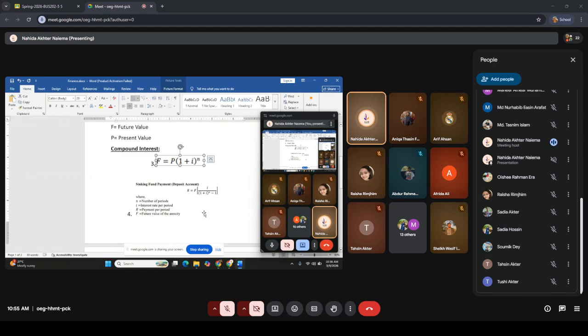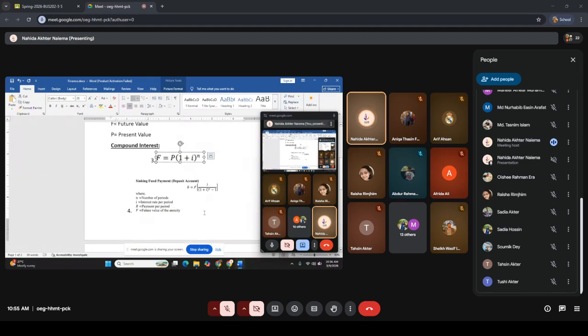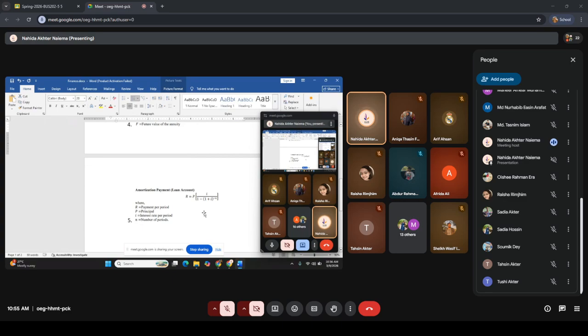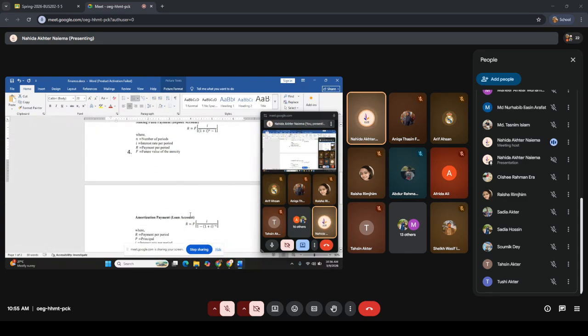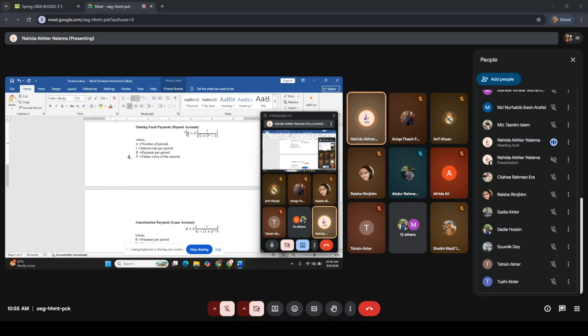Then the next formula is sinking fund payment, the deposit account. We have two types of option here. One is sinking and another is amortization. Sinking is basically a deposit. We have DPS, right?